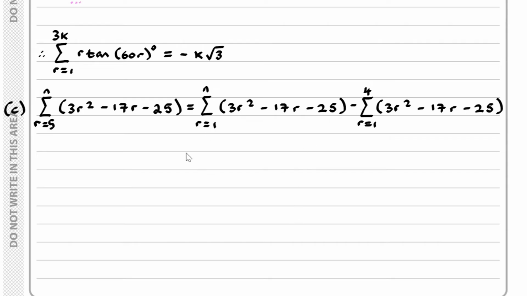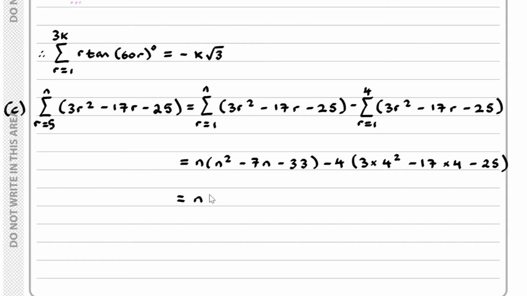And so what we will end up with over here is n times by n squared minus 7n minus 33, and then because we've got the sum from r equals 1 to r equals 4, that will equal 4 times by 3 times by 4 squared minus 17 times 4, subtract 25.